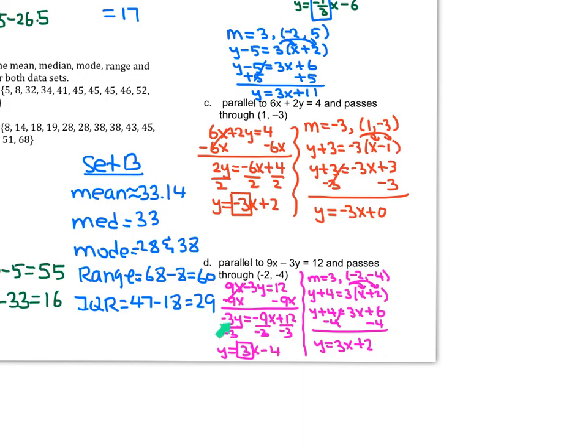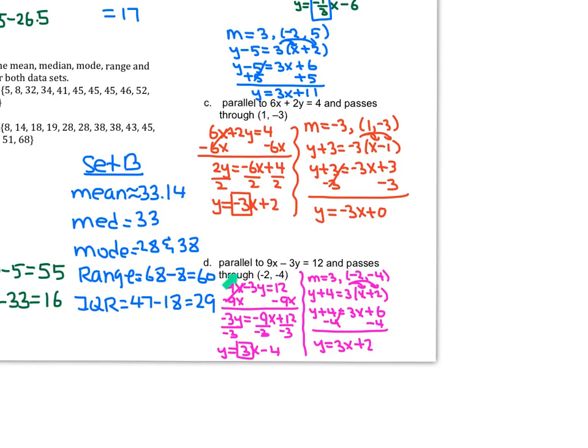Then I'm going to divide by negative 3 on both sides. This will cancel, leaving me with y. Negative 9 divided by negative 3, a negative divided by a negative is a positive, and 9 divided by 3 is 3 with an x. A positive divided by a negative is a negative, and 12 divided by 3 is 4. Now I have my equation solved for y, and I find my slope is 3.